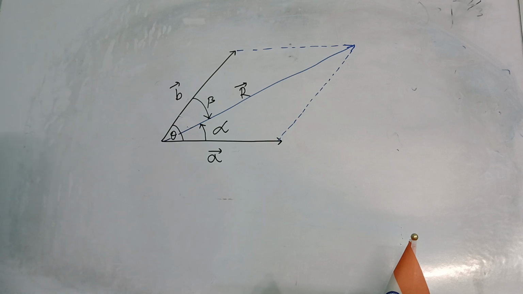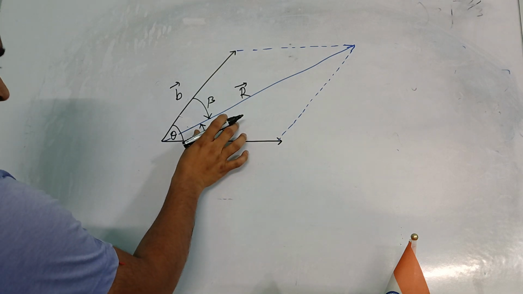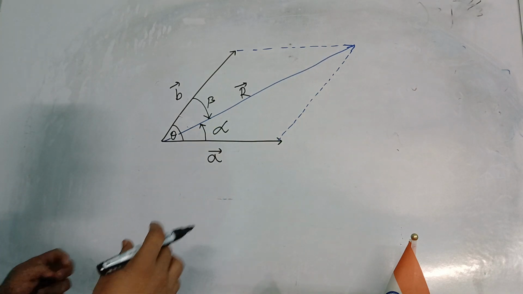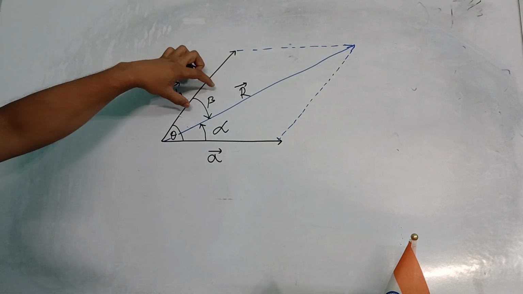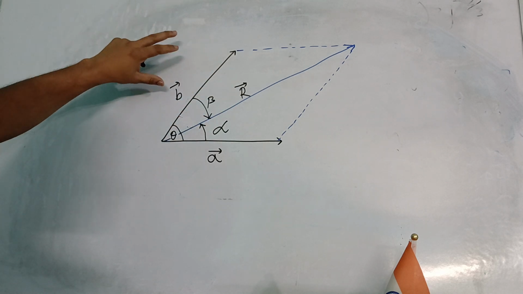And what is our work? We have to find the value of alpha and the value of beta. To find alpha, we have to apply one trick, and to find beta, we have to apply another trick. What is given?